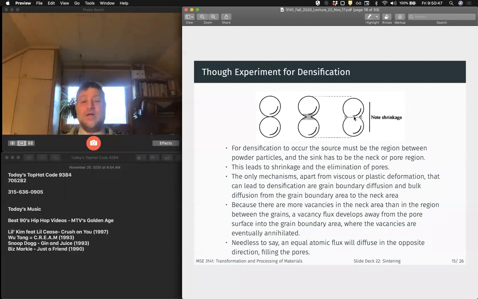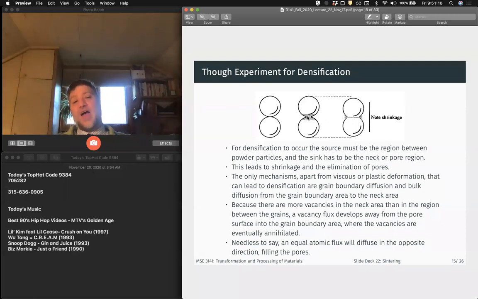Okay? So how is this possible? Well, remember, there are going to be more vacancies in the neck area, right? Because I have a concave surface. So I have a higher vacancy concentration here, right?